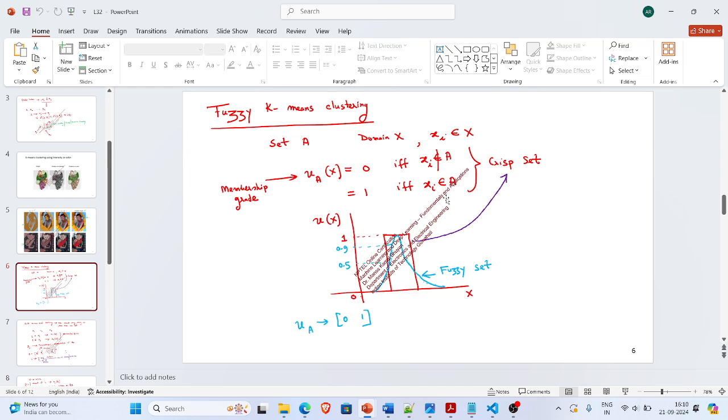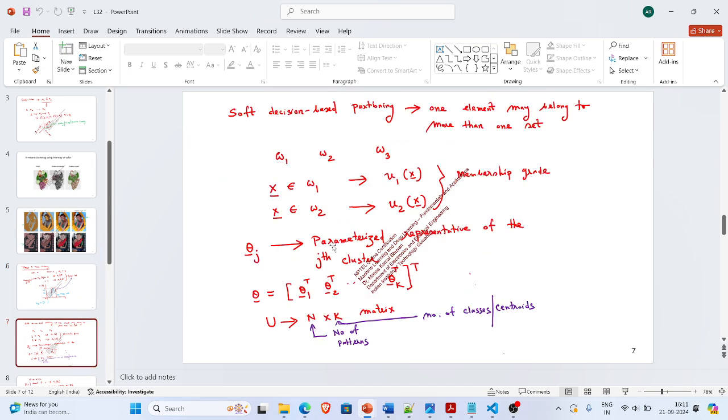So as you can see, it can be anything from 1 to 0, following this distribution. What we are doing is not making a hard margin, but soft margin clustering, also called soft decision based partitioning.